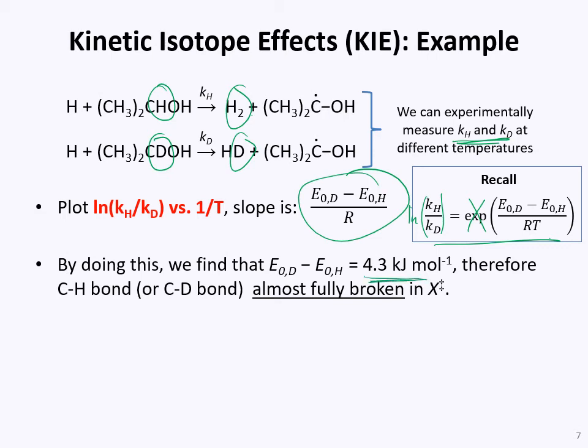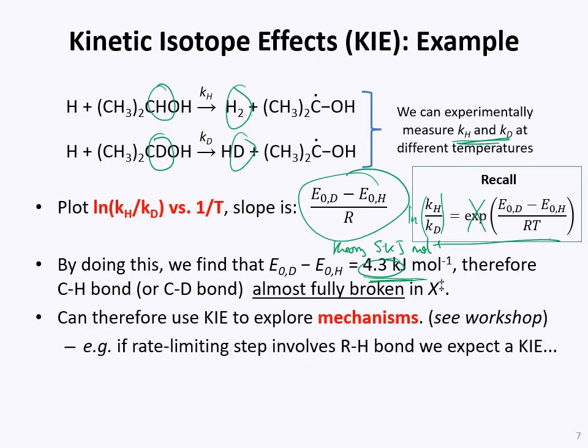And this is a CH bond or a CD bond that's being broken. So theory says that it should be 5 kilojoules per mole, and experiment is 4.3 kilojoules per mole, and so therefore we can say that it's not perfectly fully broken, but it's very, very close in the transition state.